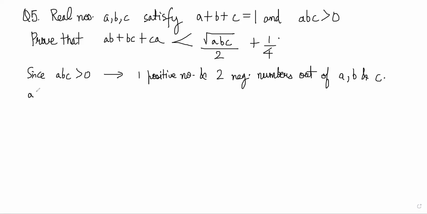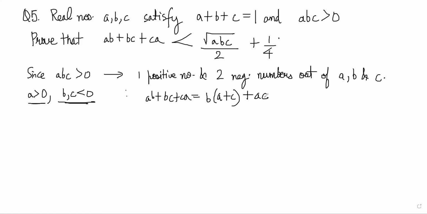Let's assume that a is greater than 0, whereas b and c are less than 0. Just to think about this case, right? If a is greater than 0 and b and c are less than 0, then ab + bc + ca can be written as b times (a + c) plus ac, right?